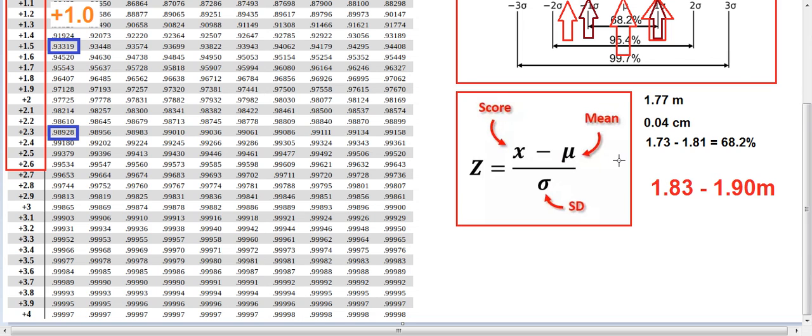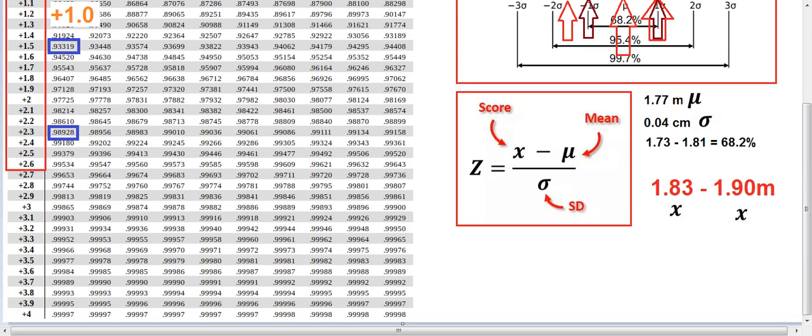We have the mean, which here is 1.77. Standard deviation 0.04. We have two scores to find, this one and this one.